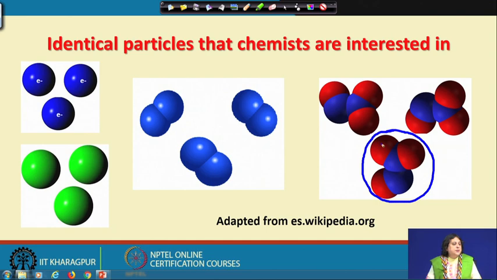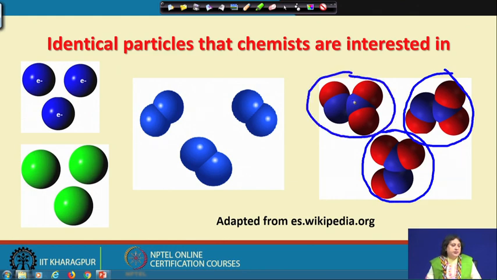It is comprised of 1, 2, 3, 4, 5 atoms, and it doesn't matter which molecule of this system I pick up, I have the same atomic arrangement, and I cannot distinguish molecule 1 from molecule 2 or molecule 2 from 3.